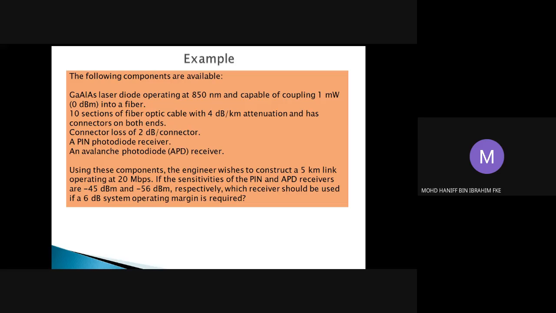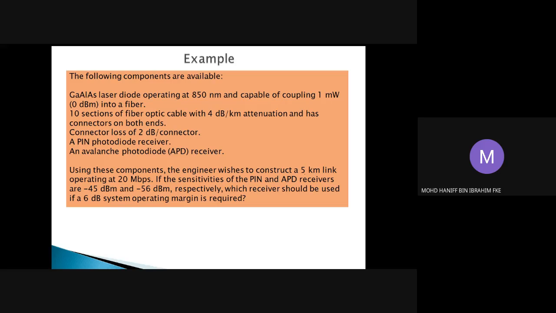And we have a PIN photodiode receiver and also an avalanche photodiode APD receiver. So these are the available components when we want to design the system. By using these components, the engineer wishes to construct a 5-kilometer link operating at 20 megabits per second.